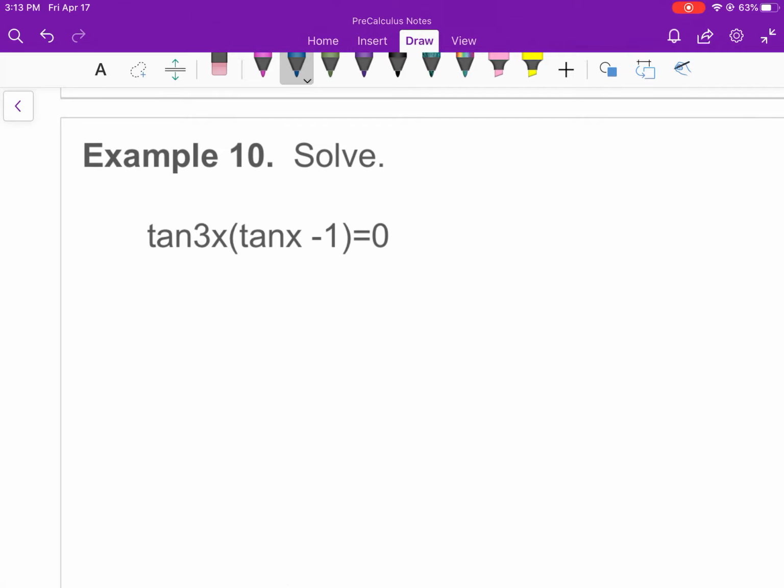Okay, for the next one, it says solve again, so that means we're going to be writing our answers with infinite trips around the circle. This one has been factored for us, so it's ready to go ahead and set the factors equal to 0. All right.